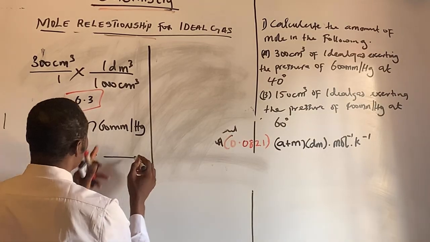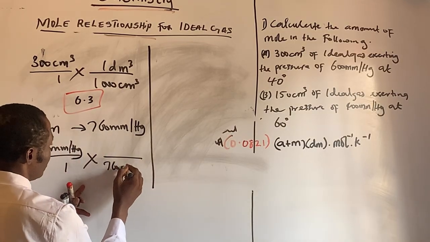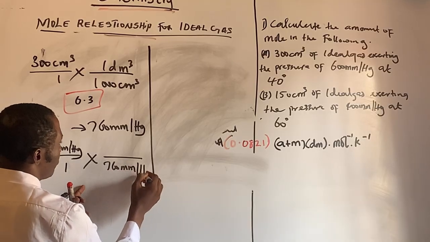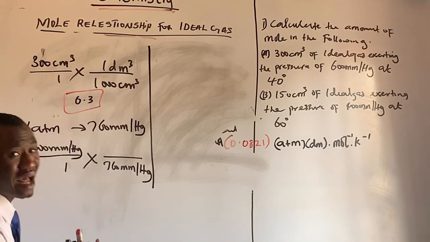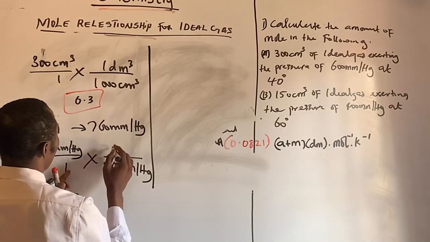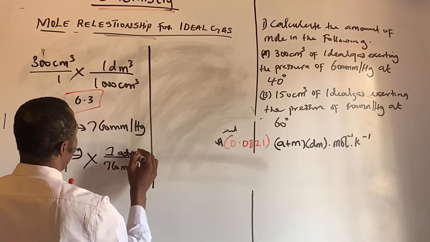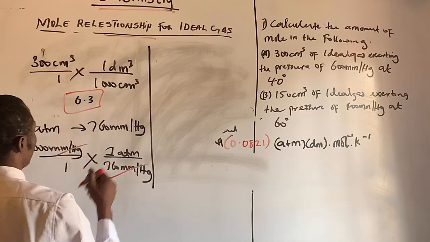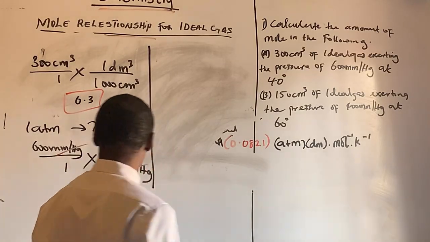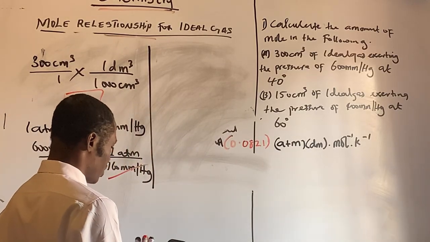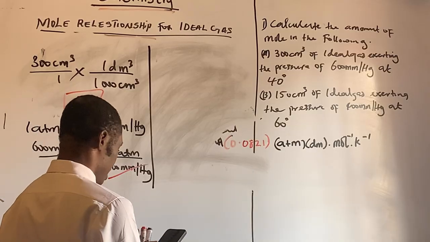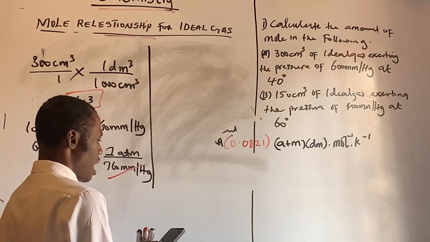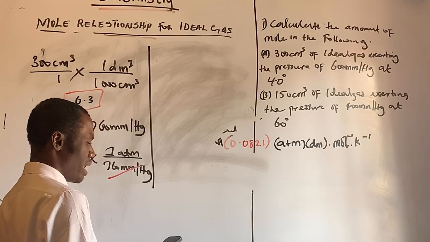I'm going to put 760 millimeter mercury at the bottom so that millimeter mercury will cancel out millimeter mercury, and I have 1 ATM at the top. So when I do that, this will cancel out, and I'll be having 600 divided by 760, which is 0.789.